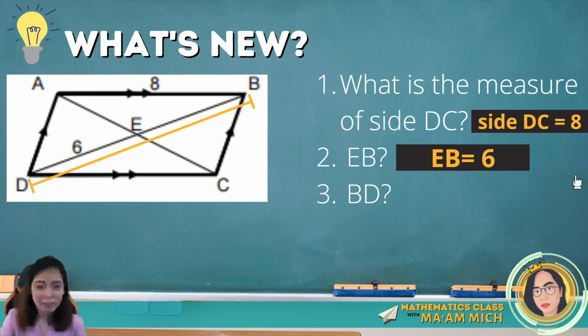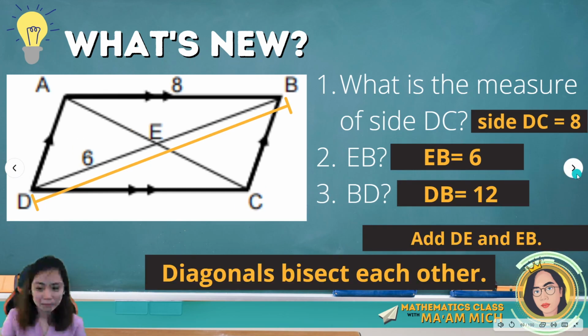How about segment BD? Okay, add segment DE and EB. That will give us DB is equal to 12 units. Again, using this property that diagonals bisect each other.